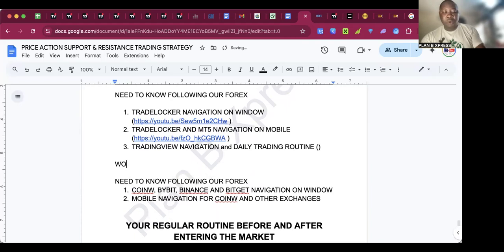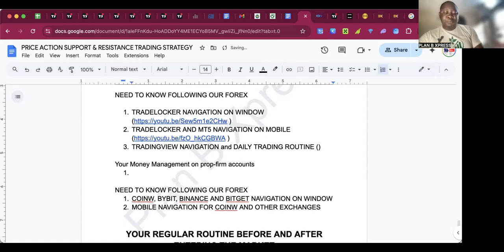So work with your money management for your profile, your money management on prop firm accounts.